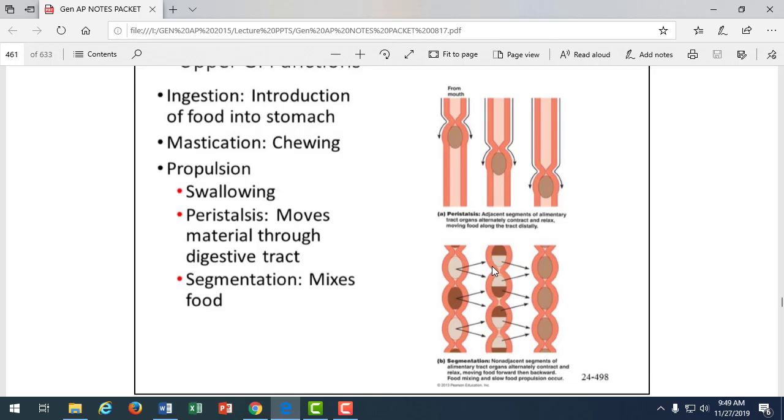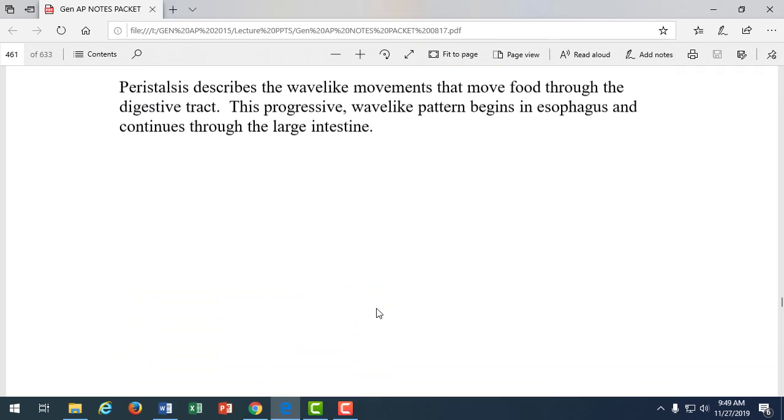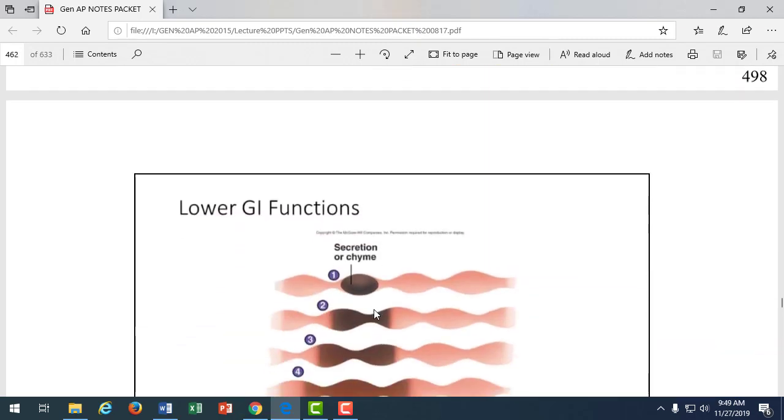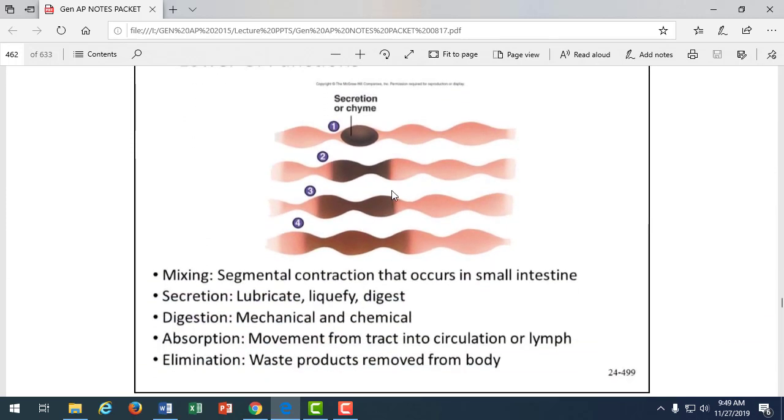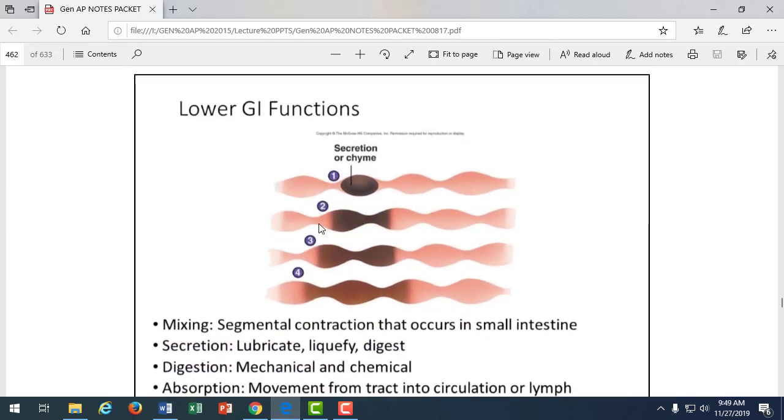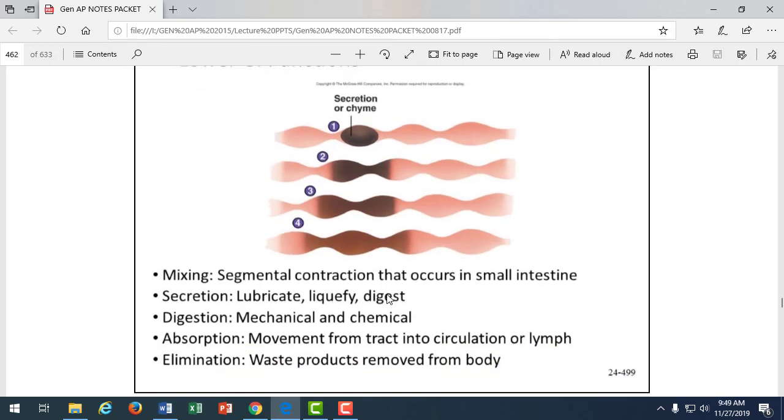Microvilli, very good. Microvilli is what helps increase surface area, and that's what we see on these columnar cells, to increase the surface area. So this kind of just mixes the food back and forth. When you look at the small intestine, the lower GI, we see this squeezing on either side of that food, turning it into a liquid till it's spread throughout that piece and can move along.